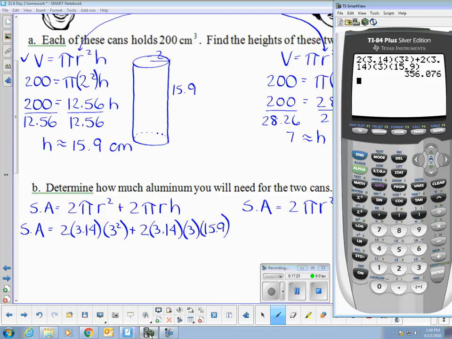So my total surface area for the first container is I'm going to use 356.1 approximately square centimeters of aluminum to form this first can.